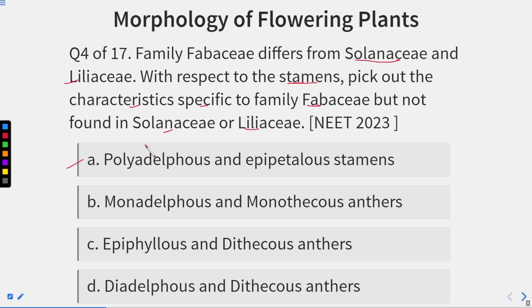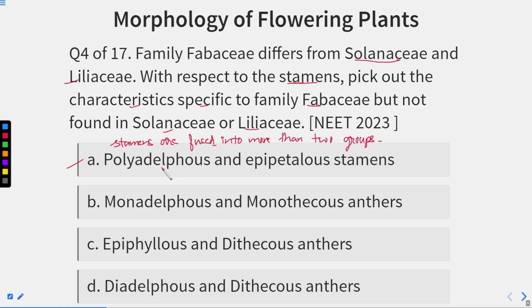What do you mean by polyadelphous? Where the stamens are fused together into more than two groups.